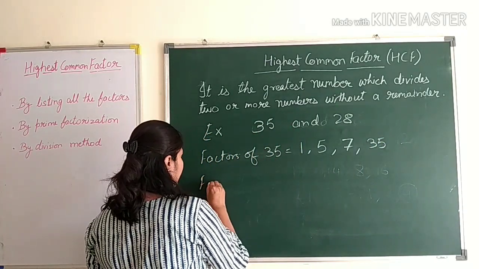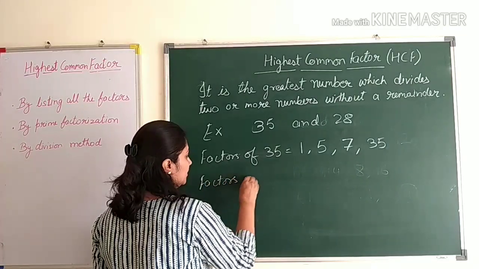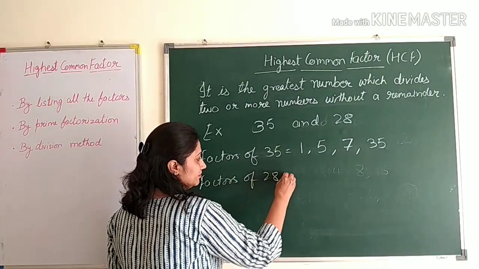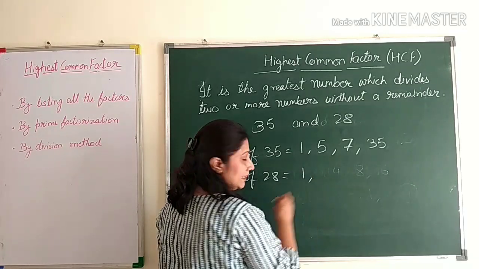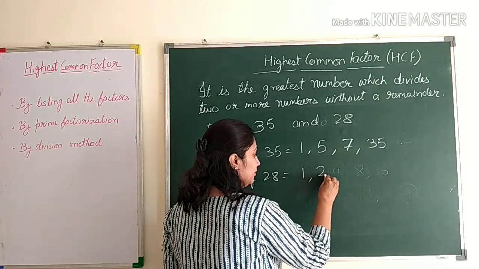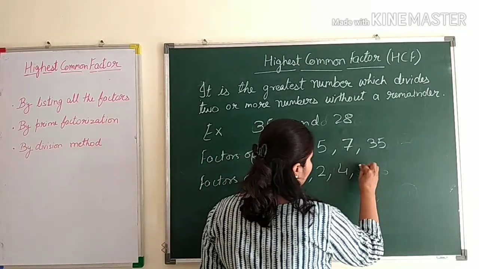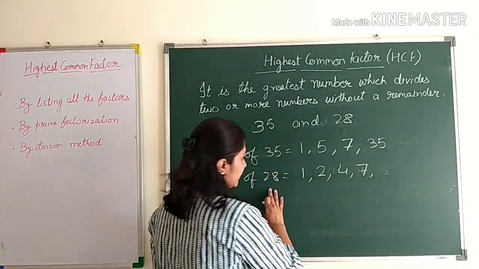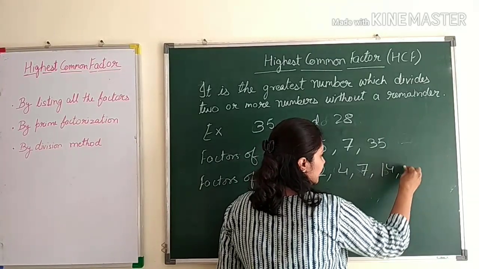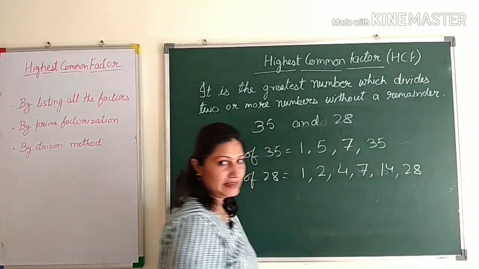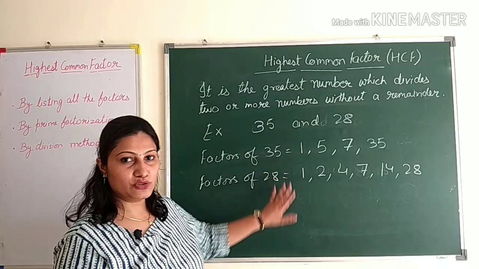Now let's draw the factors of another number 28. So 28 comes in the table of 1, in the table of 2, in the table of 4, in the table of 7, and in the table of 14, and in the table of 28 itself. So these are the factors of these two numbers.